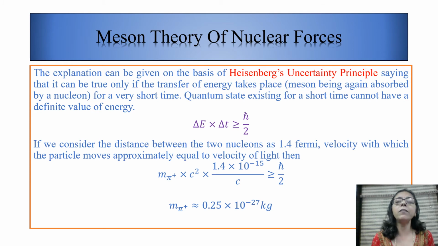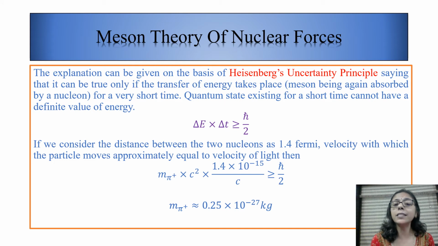Then the velocity with which the particle moves, if you consider it as the velocity of light, you have delta E as mc square, so m pi plus multiplied by c square multiplied by delta t. What would be delta t? It would be the distance upon velocity.